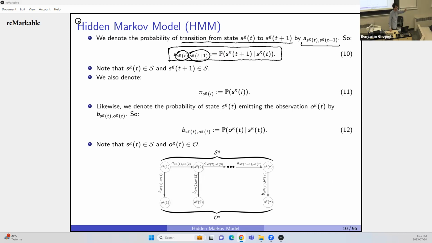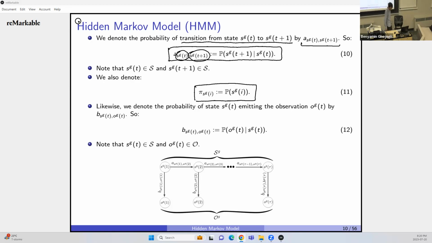Because each row and column of matrix A corresponds to one of the states, right? That's why I can write it in this way. And also the initial probability of SG1, I write it in this way, as the probability of SG1.